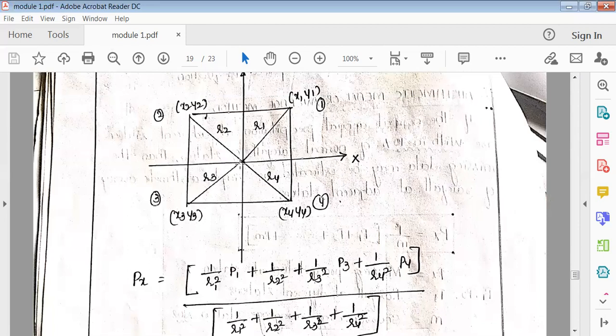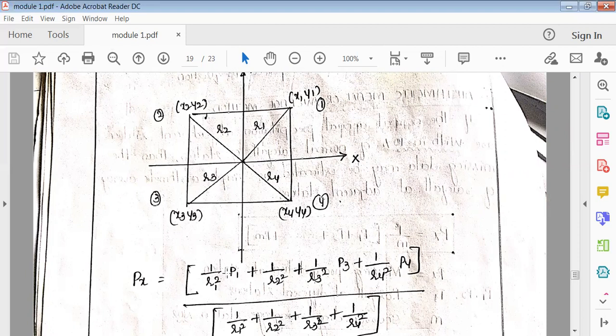R1 connects from the origin to the point x1, y1. So it is 1 divided by R1 square into P1 plus 1 divided by R2 square into P2 plus 1 divided by R3 square into P3 plus 1 divided by R4 square into P4, because there are 4 stations here.